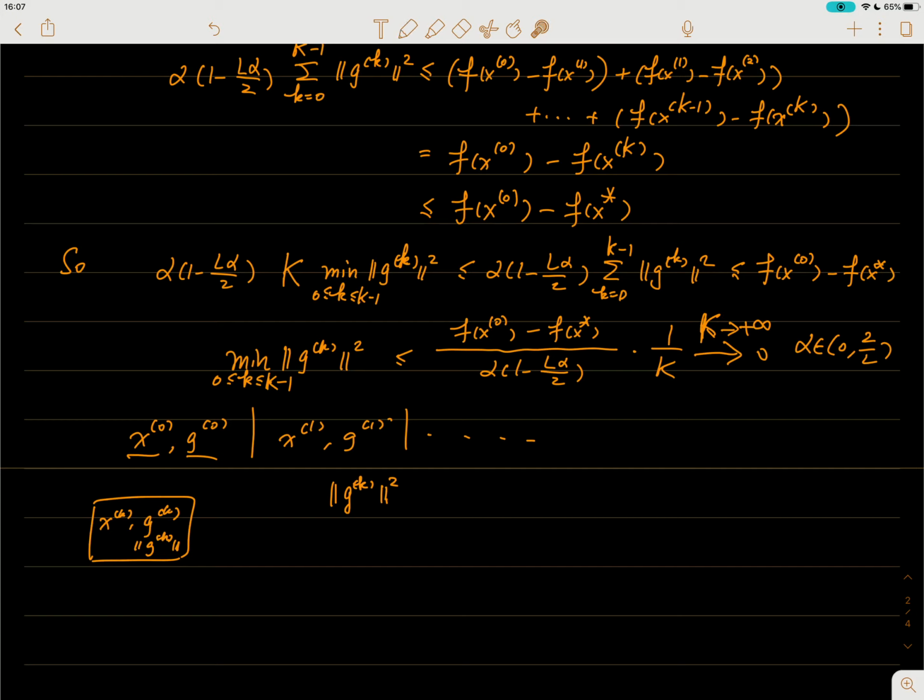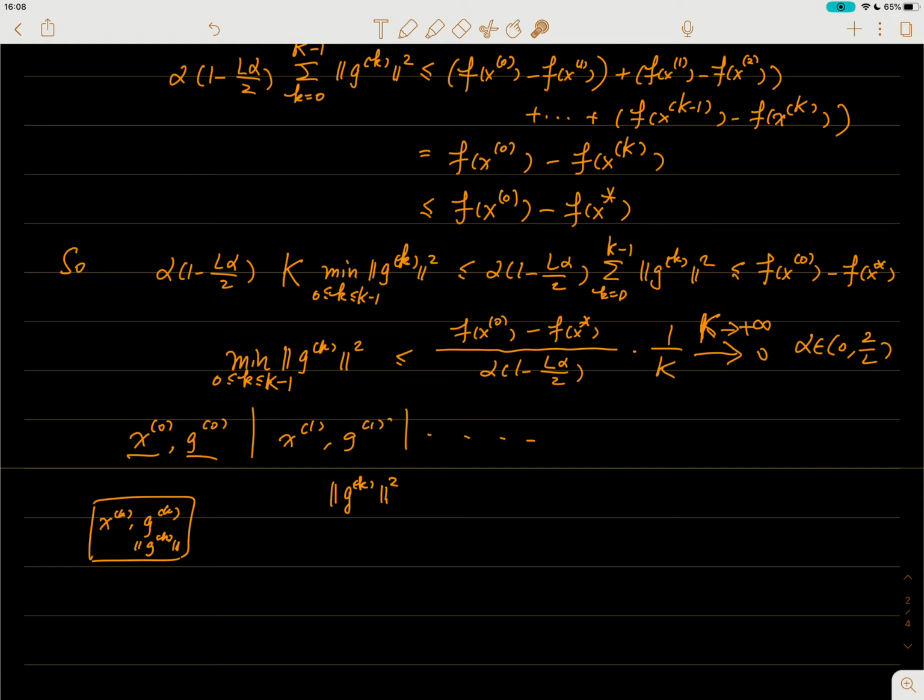Once I see, for example, next iteration, a gk plus 1 that is even smaller than this, I will just replace this gk, xk by gk plus 1, xk plus 1, and also the norm there. And what this theorem says is that after k iterations, the gradient you recorded must be less than or equal to something like 1 over k, or the square of the gradient norm must be less than 1 over k times some constant, but that must be going to 0.